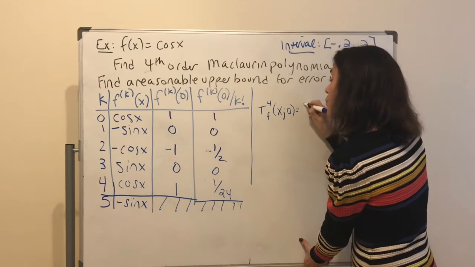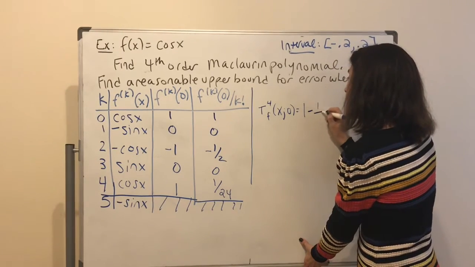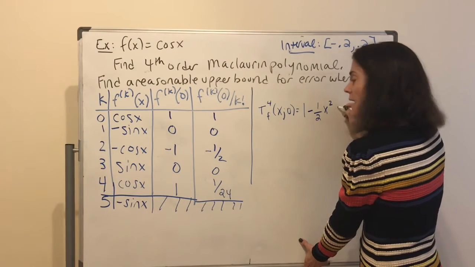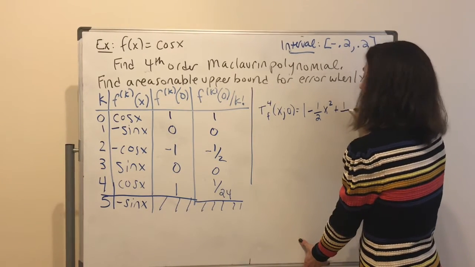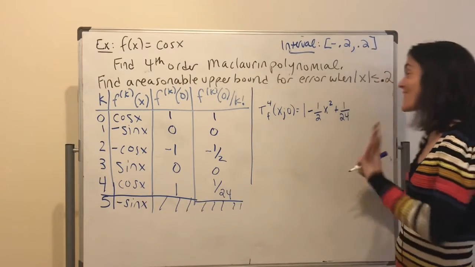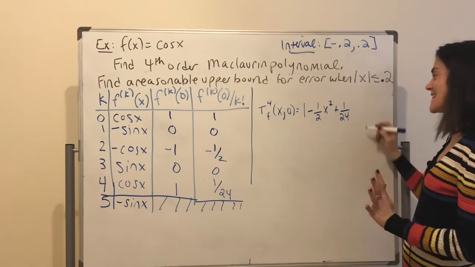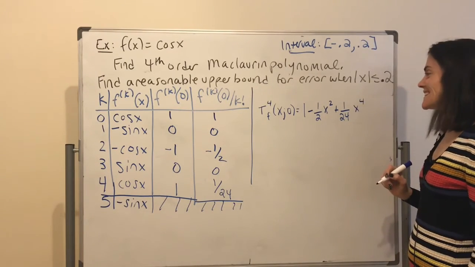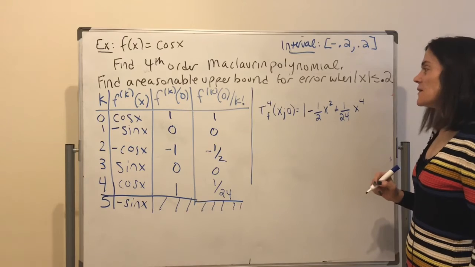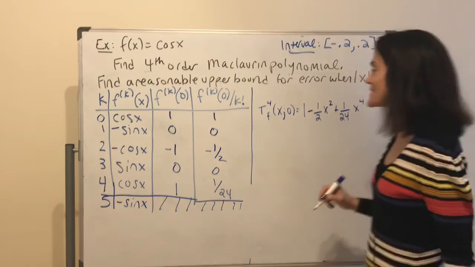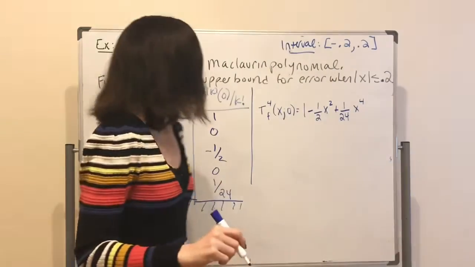I have 1 minus a half x squared, and then plus, oh no, 1 over 24. I almost said 1/4. 1 over 24 x to the 4th. This is part A. That wasn't too bad. I don't have them listed A and B, but we have found A.